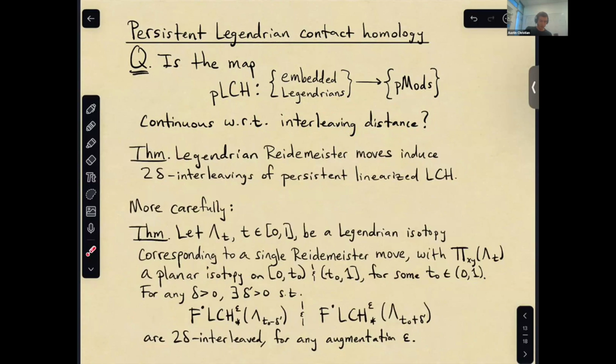And there's the technical statement of our student's theorem, but the short version is that when you do these Legendrian Reidemeister moves with heights that are very close to each other, so you have not changed your filtration very much in the course of this embedding, then you will indeed induce 2 delta interleavings when you have isotopies by some delta.